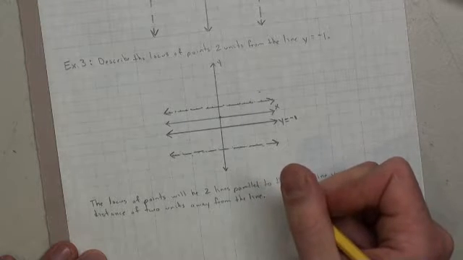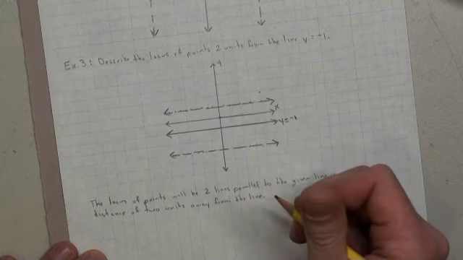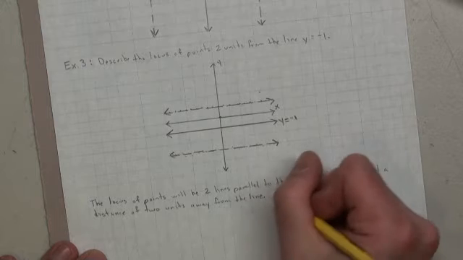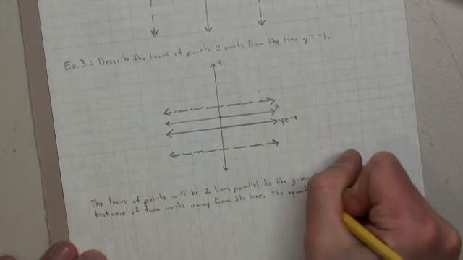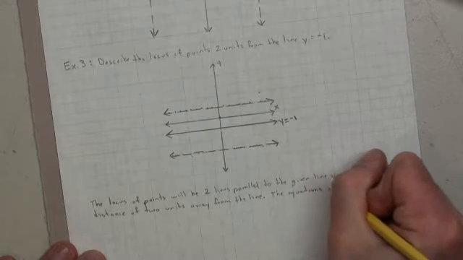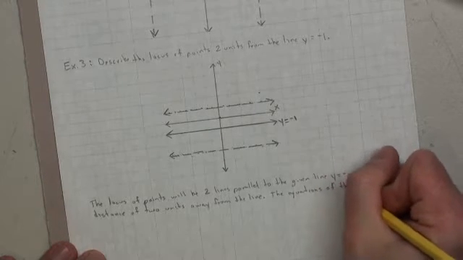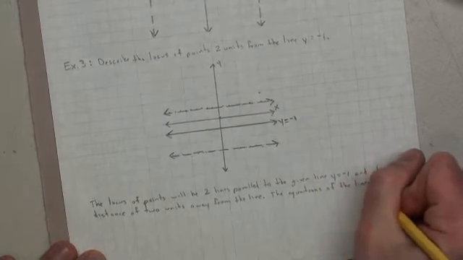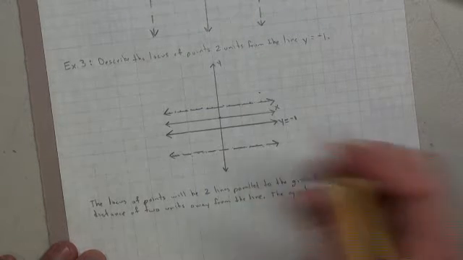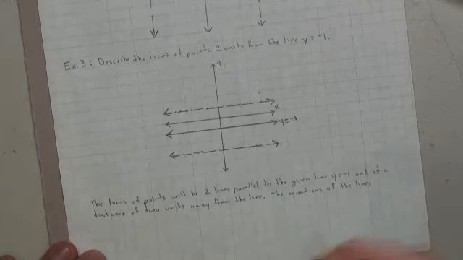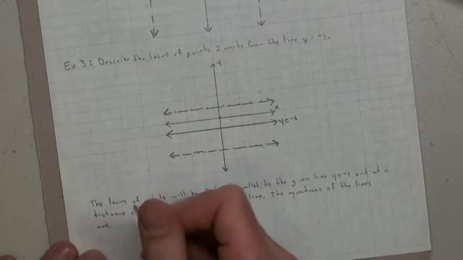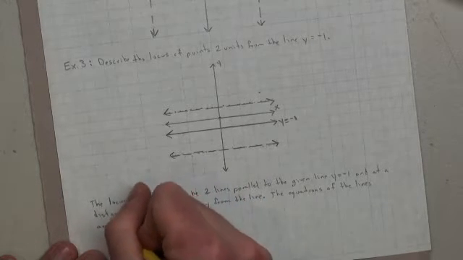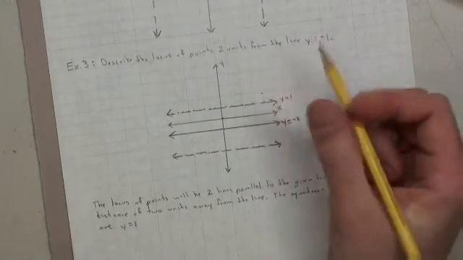But that's not it. We also want to write the equations of those lines. The equations of the lines are y equals 1, right? That's this top one here. This is y equals 1.